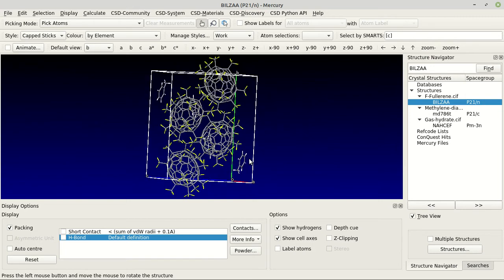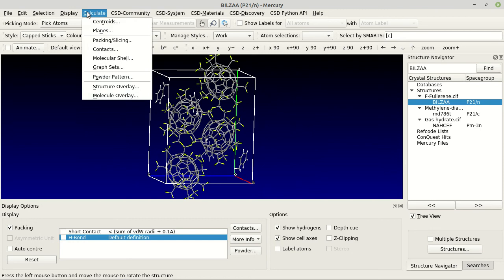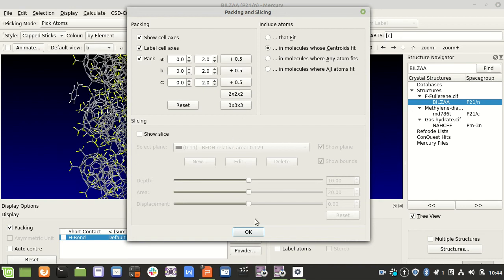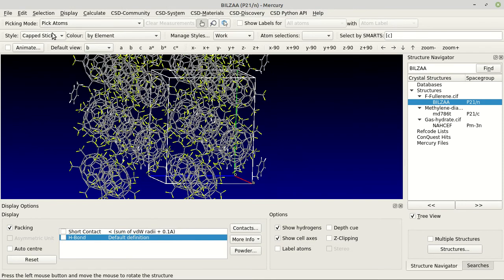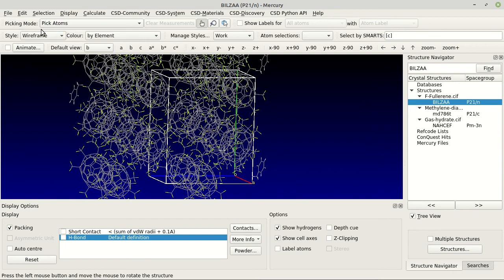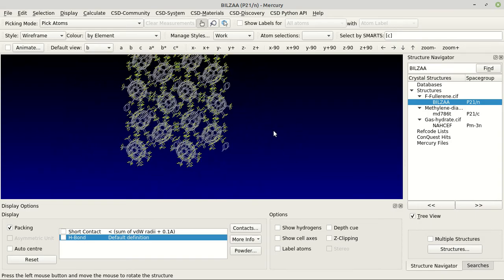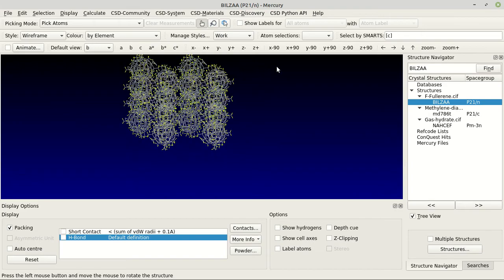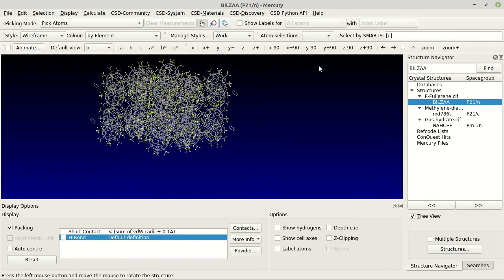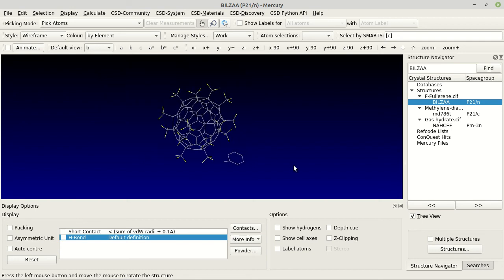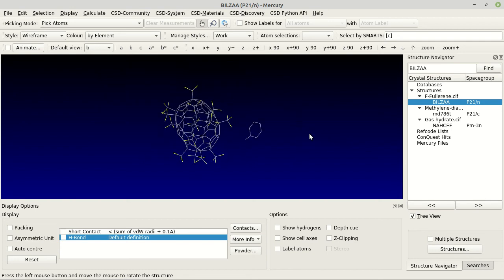You see here in these voids, you can expand our packing. Hopefully, you can see something. And we will use here... hopefully you can see it. Maybe better to see it a little bit better.